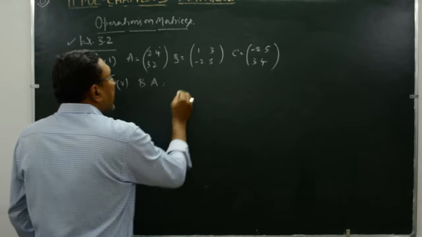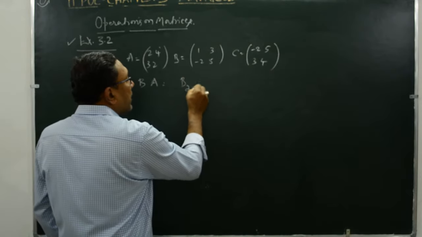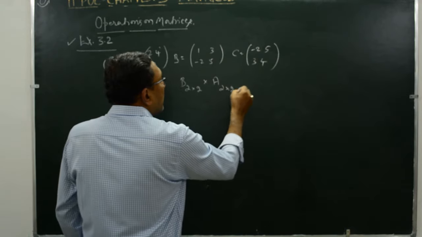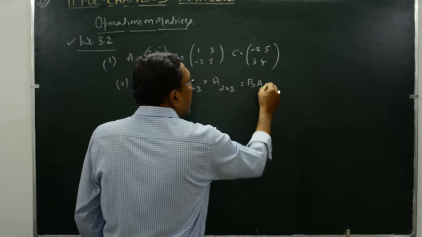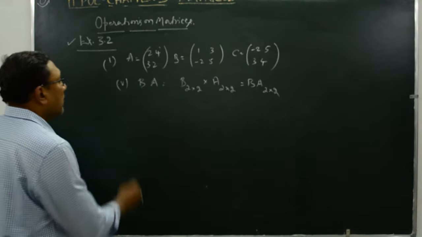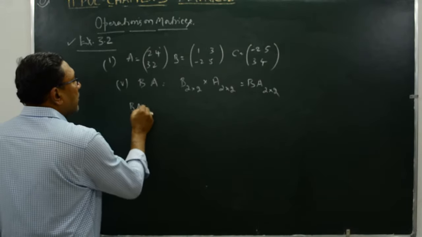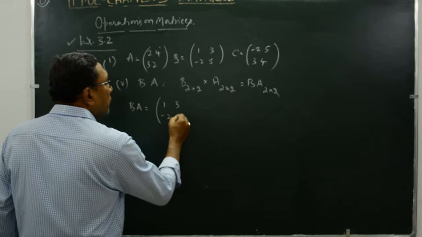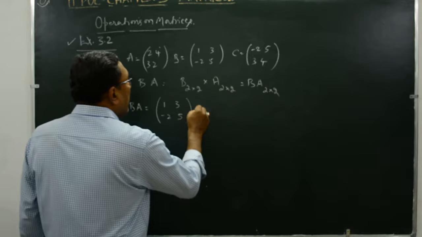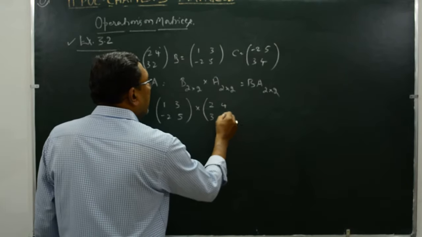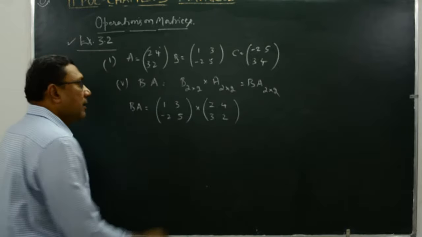Again, B is a matrix of 2 by 2 and multiplying with A, which is 2 by 2, the resultant matrix BA will be 2 by 2. Let us take BA, which is [1, 3; -2, 5] multiplied with [2, 4; 3, 2], which is A. Same method to follow.